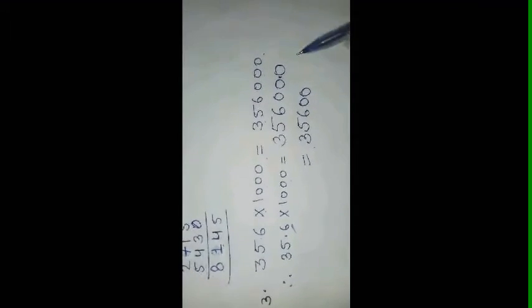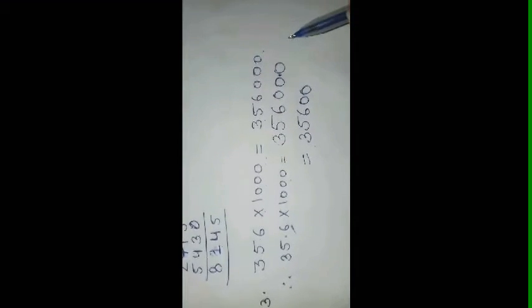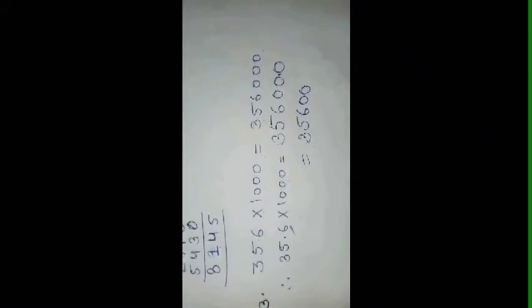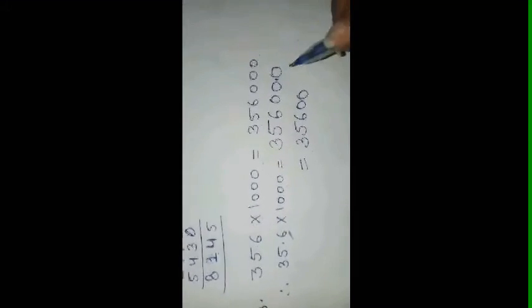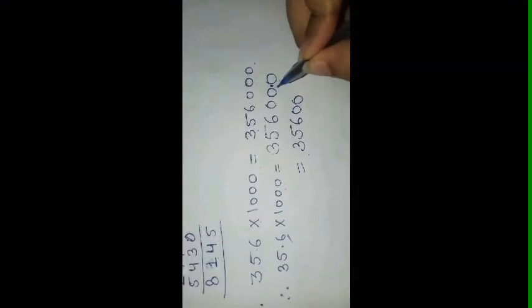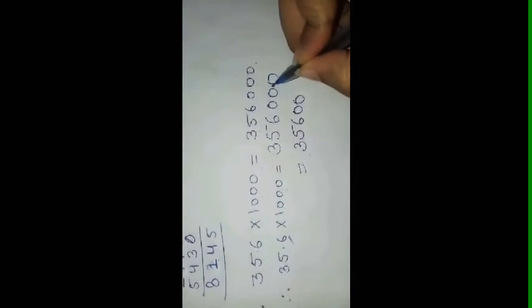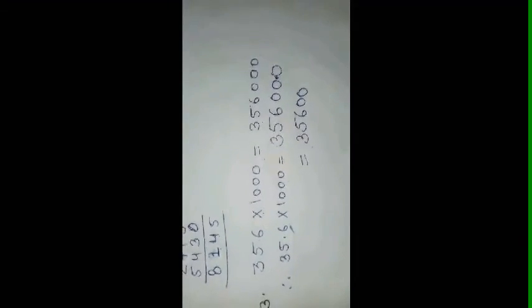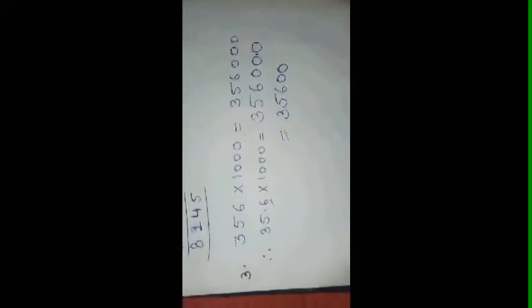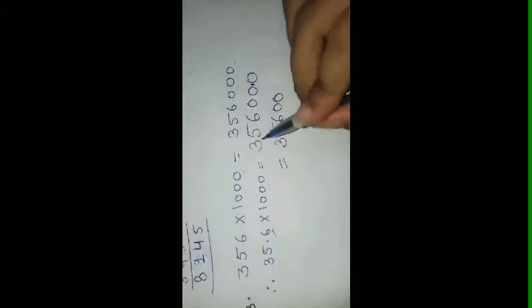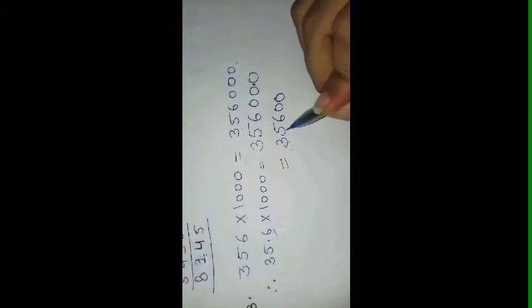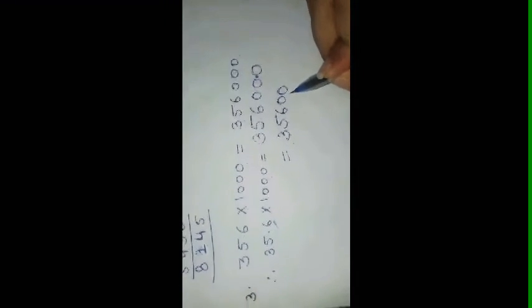So again place the decimal point in the product in such a way that the number of digits after the point is 1. So from the right side I place the point here. Now the answer is 35,600.